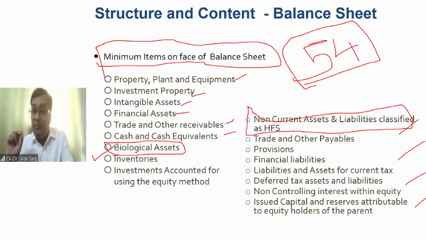Do they require to present this biological asset as 0, a nil figure? Answer is no. Friends, the standard says that if it is applicable to you, for example, you have a held for sale asset, then it is required to be presented separately. If something is not applicable to you, it is not required to be presented or disclosed separately.